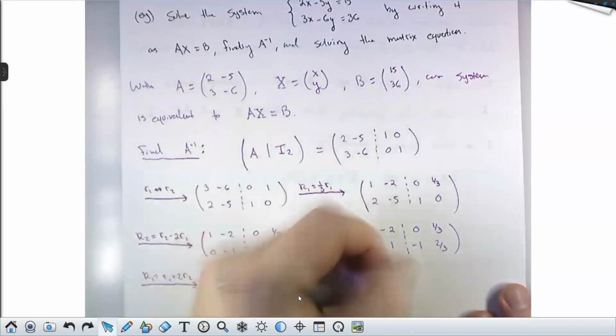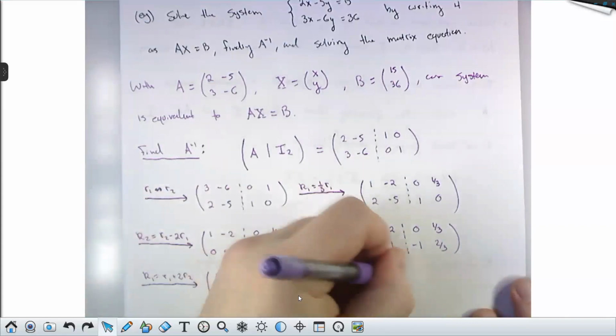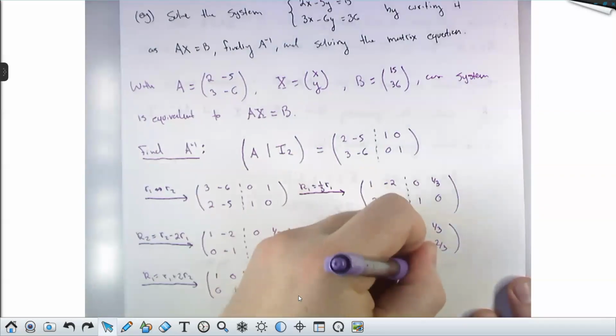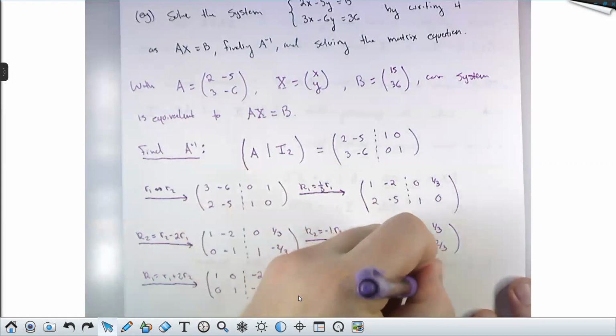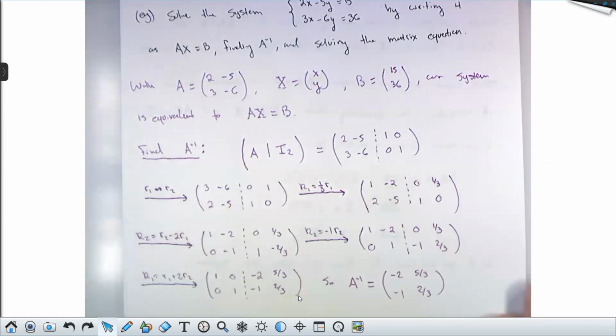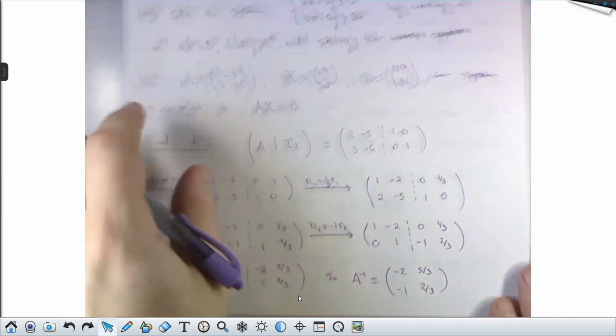A inverse is the 2 by 2, -2, 5/3, -1, 2/3. And that means I'm ready to solve my matrix equation.